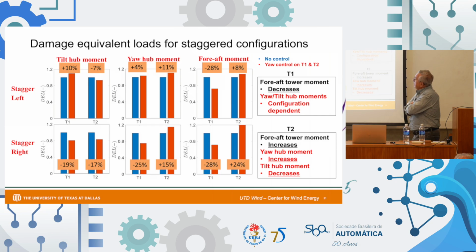And what we see is that for the fore aft, the tower moment decreases as you move along the column. Okay? And why is that? Because think about the first turbine.